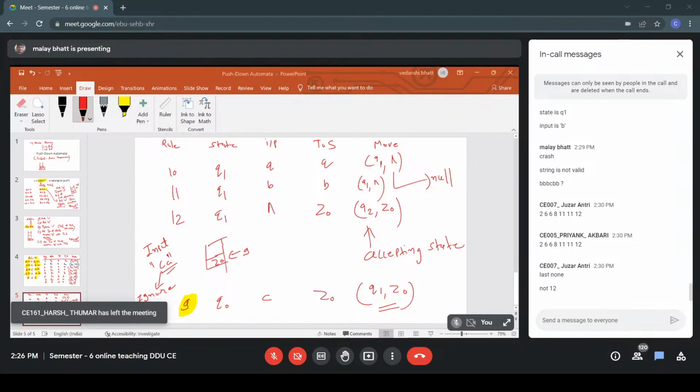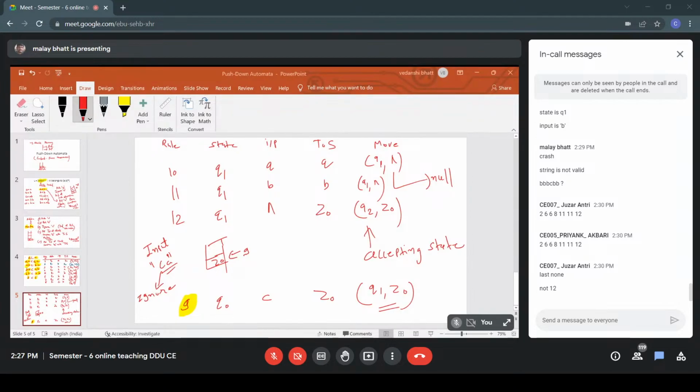Is 12 required? Do we get 12? Once you pop the 2 B's, what is the input? It is null, so Q1 null, and the top of the stack is Z0.